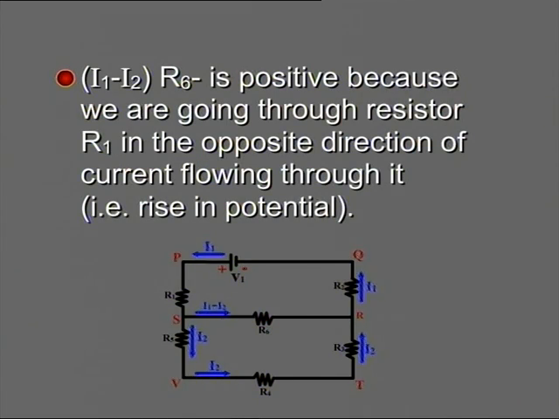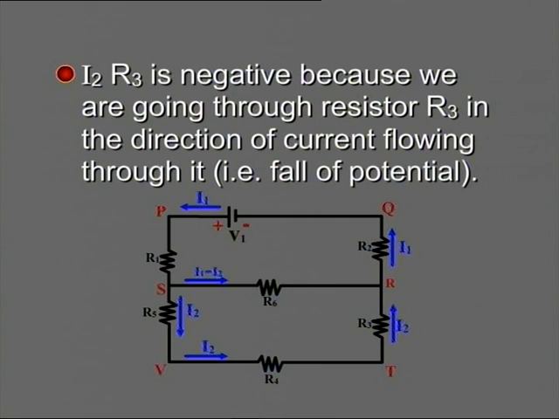Here (I1 minus I2) R6 is positive because we are going through resistor R6 in the opposite direction of current flowing through it, that is, a rise in potential. I2 R3 is negative because we are going through resistor R3 in the direction of current flowing through it, that is, a fall of potential.